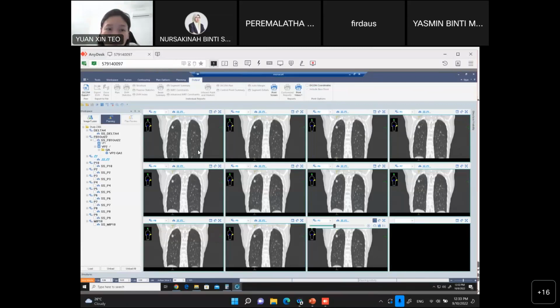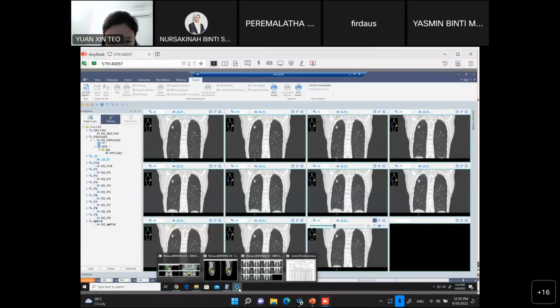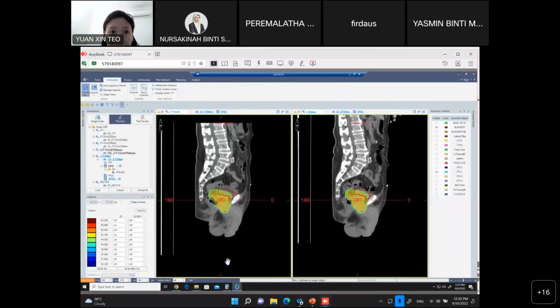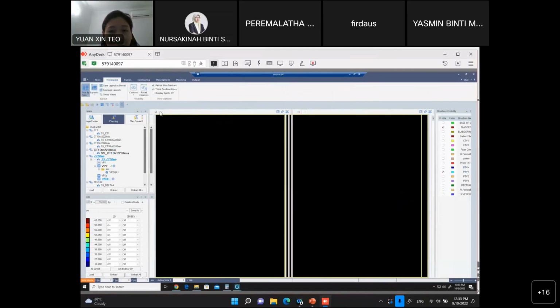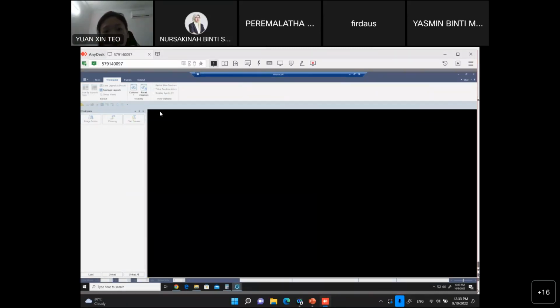While if the contrast is injected during our CT simulation, we will directly use that CT image for our planning purposes. There is an example here. I have a head and neck case where we injected contrast.